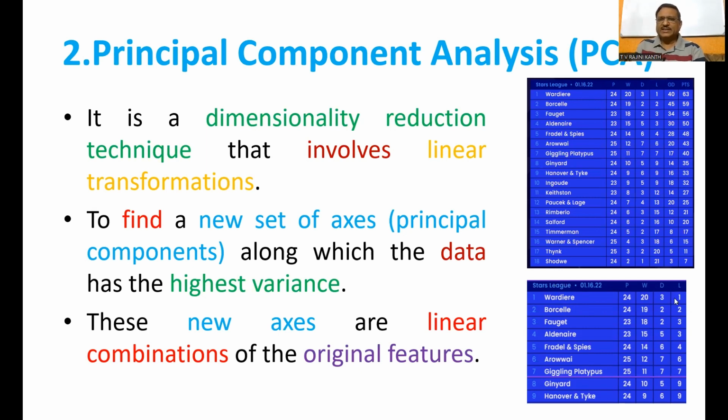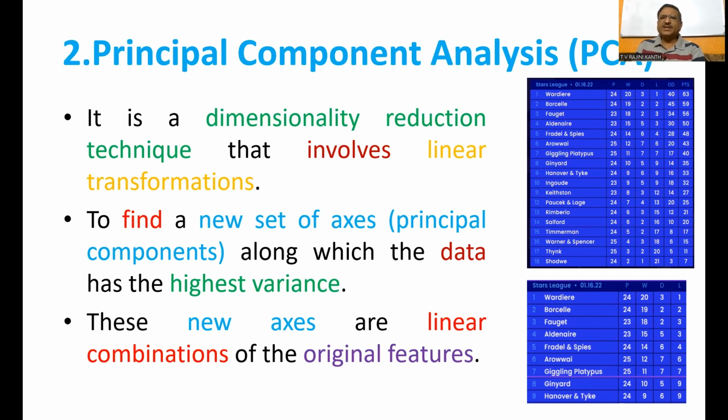It's just a general representation I'm showing. But the principal components are not like this. They are represented in a different form, which is a linear combination of the attributes.